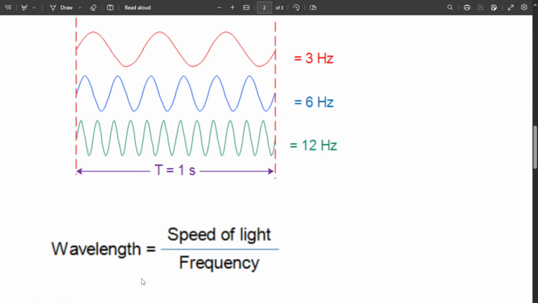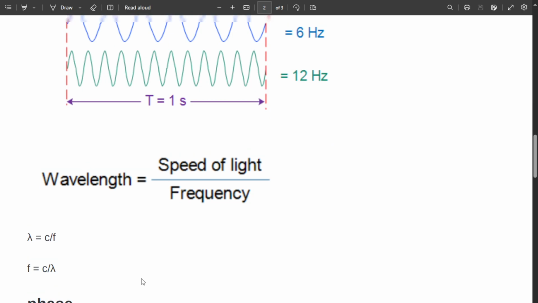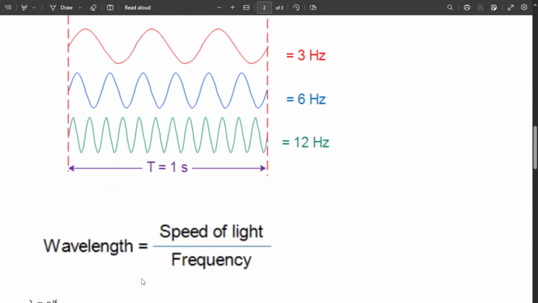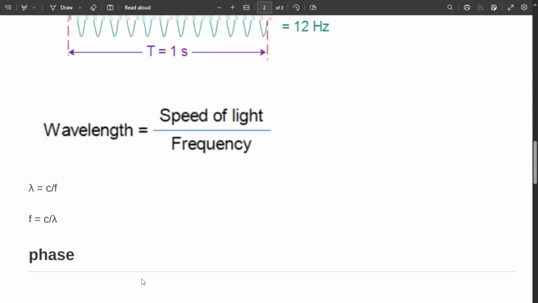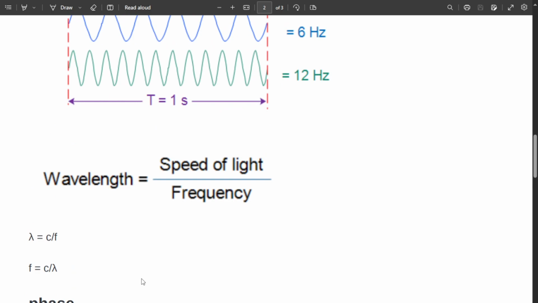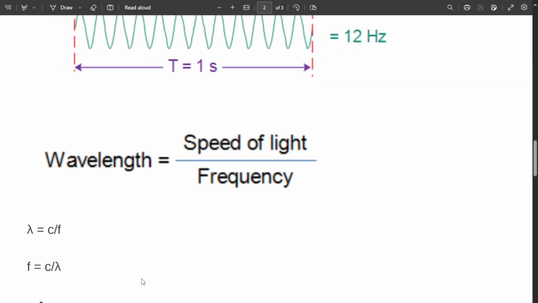Now let's see again the equation. Lambda is equal to c by f, and f is equal to c by lambda. If frequency is increased, then wavelength is going to be decreased. And as I say, you can do the practical by recording: open your cell phone and just open the recording.